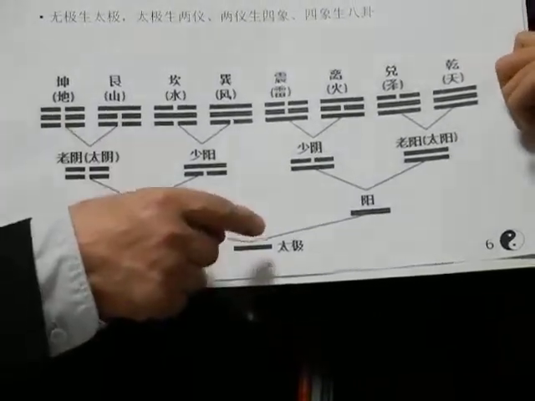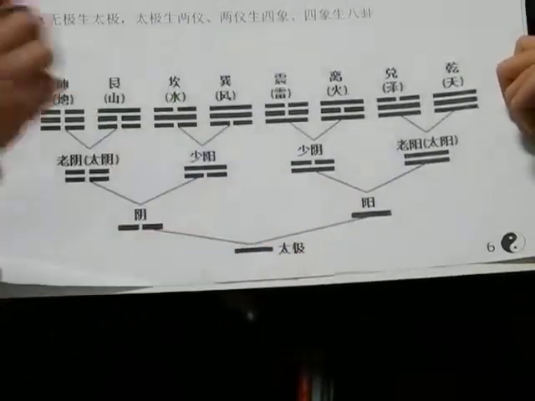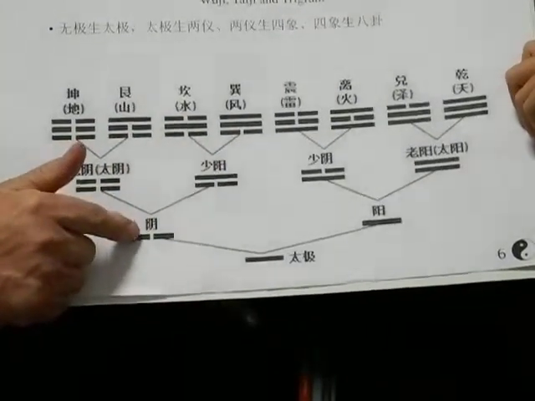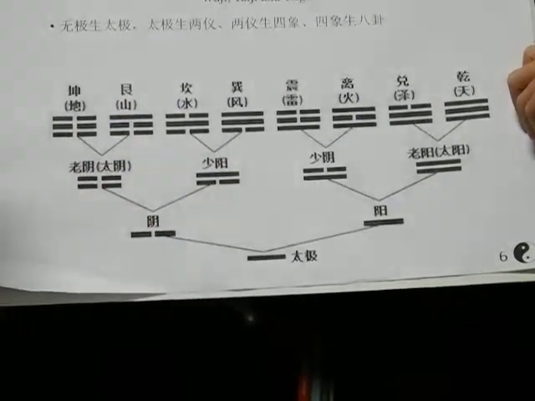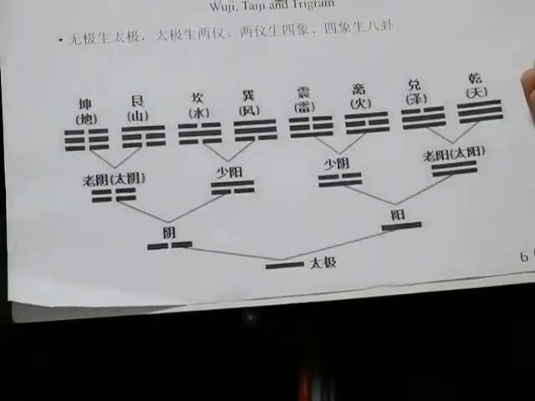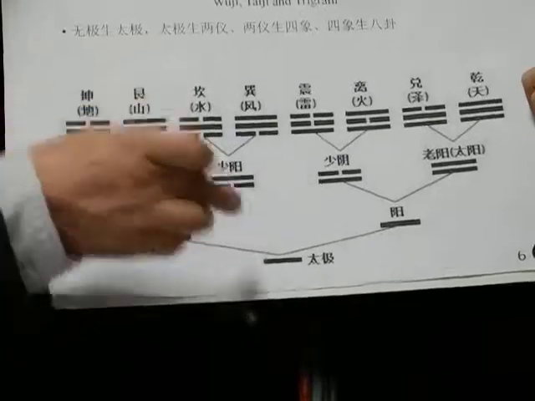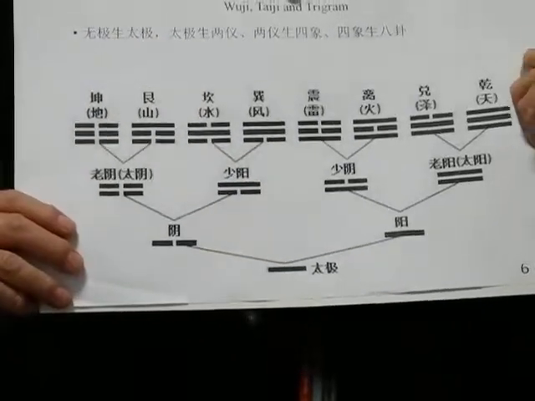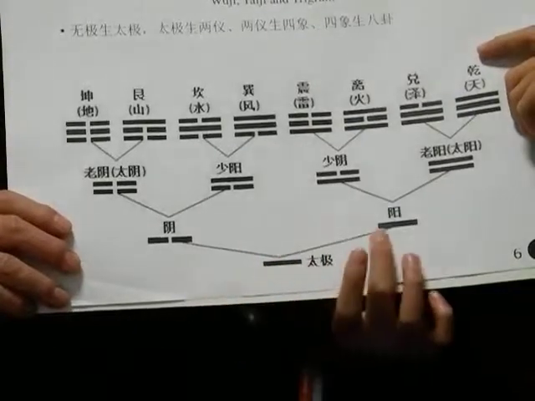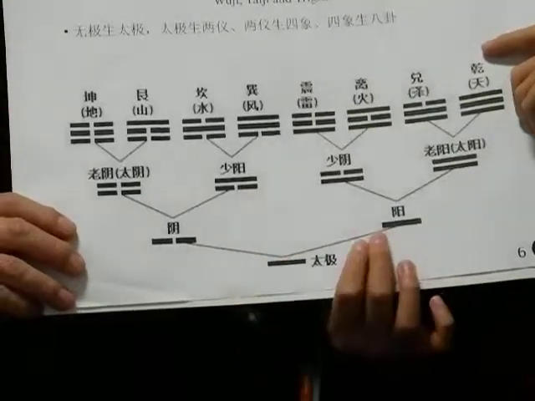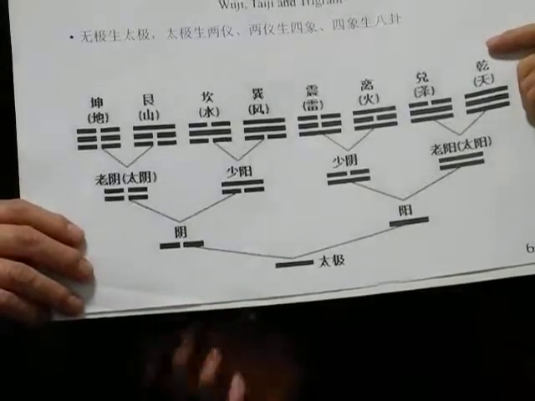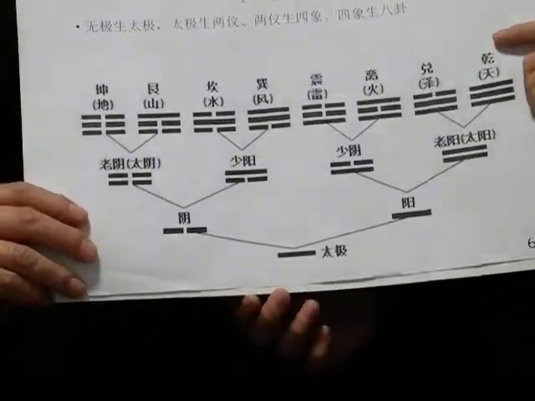So you might think that this is easy, right? So it's one yang becomes one yang. But why does one yang become one yin also? Think of it as a binary fission, like in a bacteria.